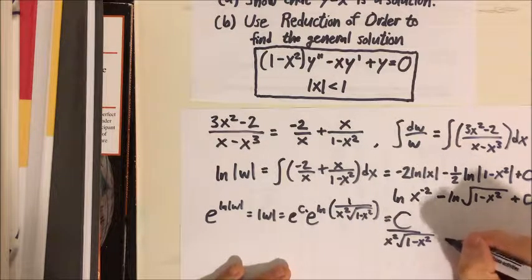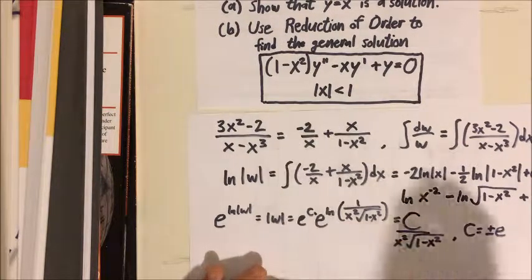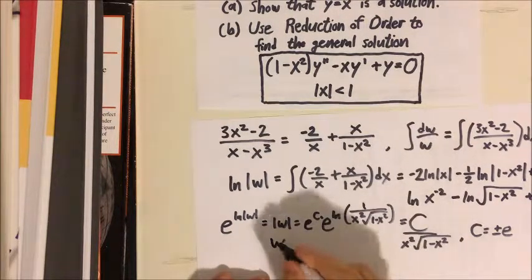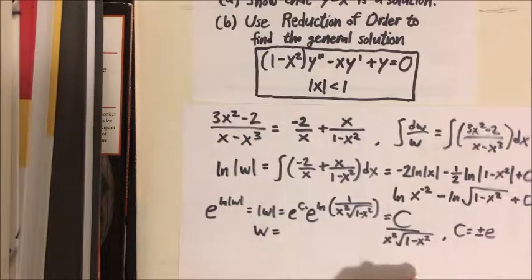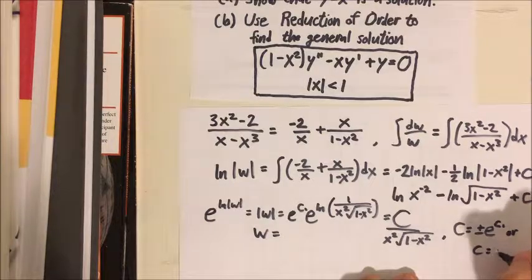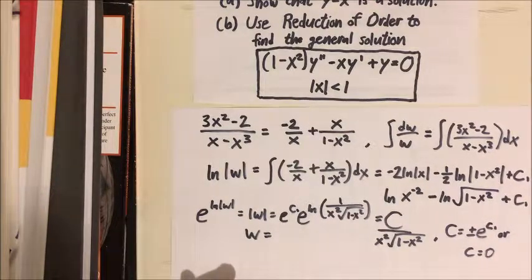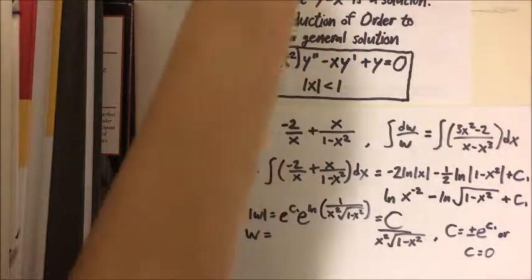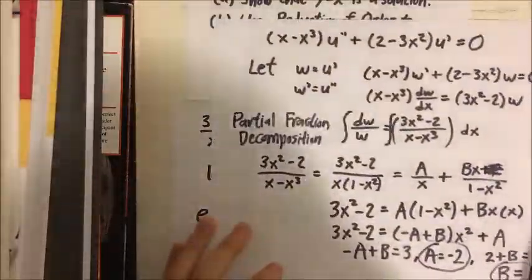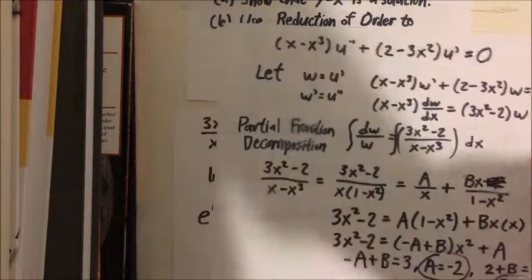And this is where c is equal to plus or minus e to the c1, when we remove the absolute value of this. Or c equals 0, because you notice that if c equals 0, then w is going to equal 0, and that's going to satisfy what we had up here. So that's how we know that we can have c equal to 0.